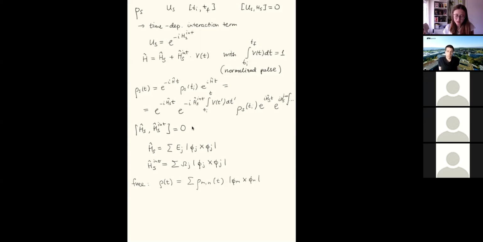But if we label the elements of the density matrix as rho mn, then for the interaction we can rewrite the state of the system S after time t as follows.